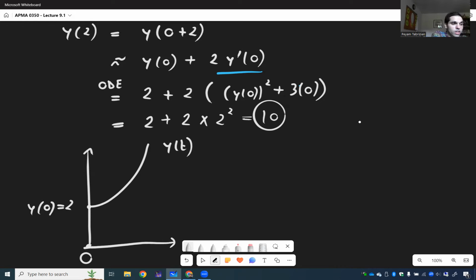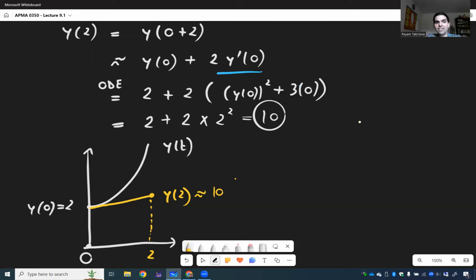Essentially what we did, we used the derivative, or the tangent line, to figure out the value of y at 2, roughly. So this is 2, and we found y of 2 is roughly 10. So that's really what we did. It's sometimes called a linear approximation or a tangent line approximation.